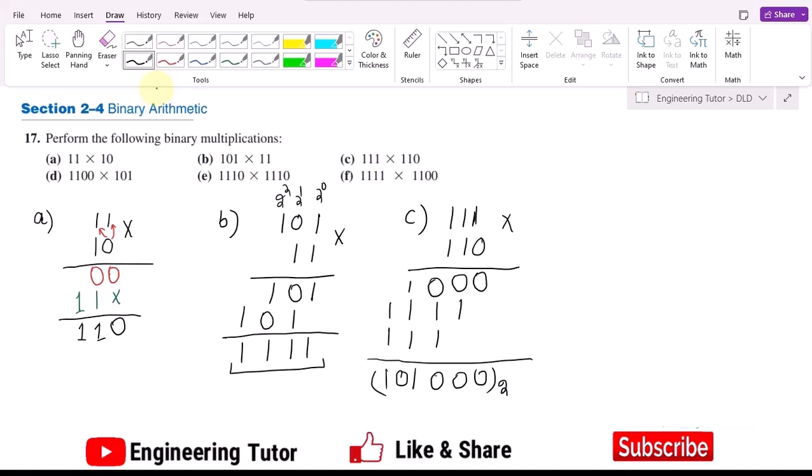Similarly, for part D of my question, again I have 1 1 0 0 and similarly 1 0 1. Multiplying by using the same procedure, first of all this will be multiplied with the upper 4 bits, so I will get 0 0 1 1.